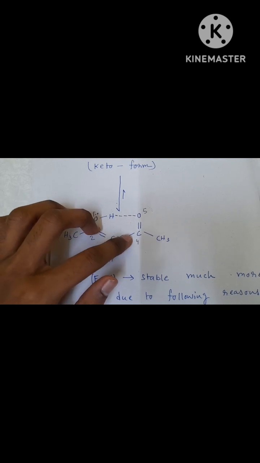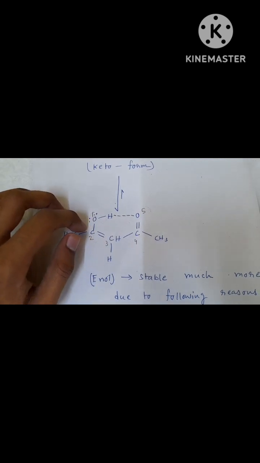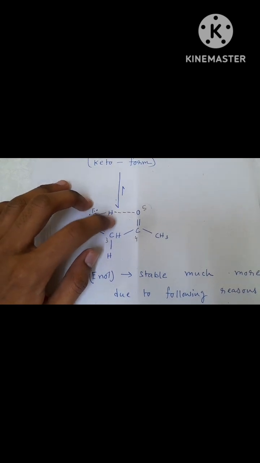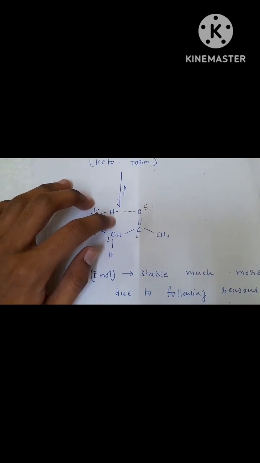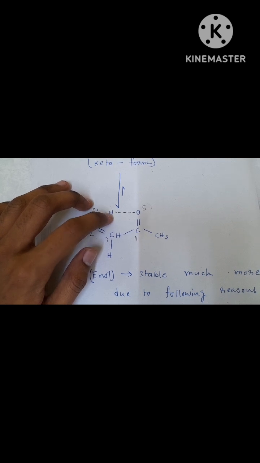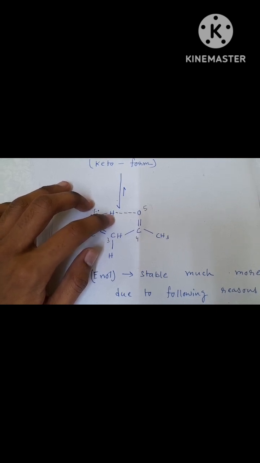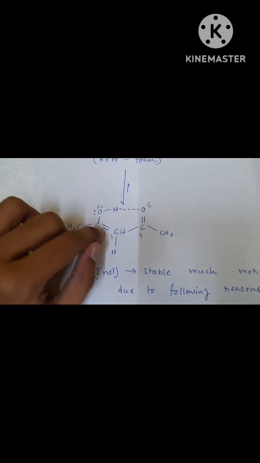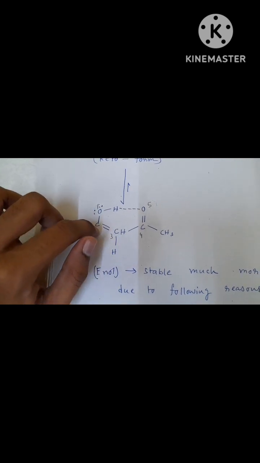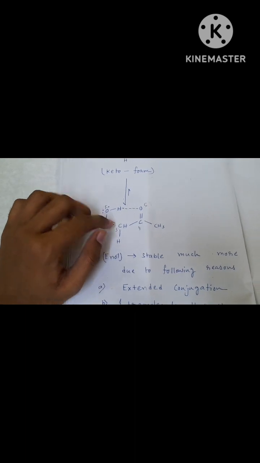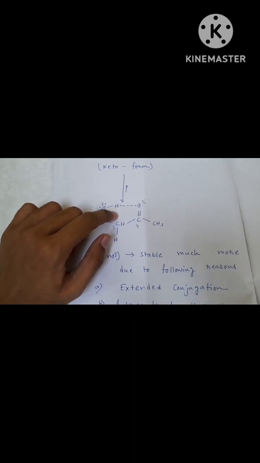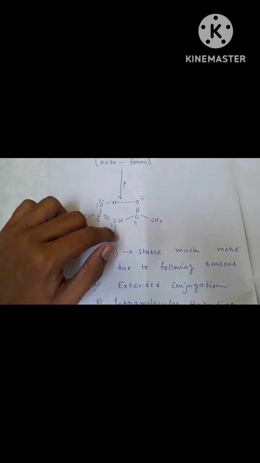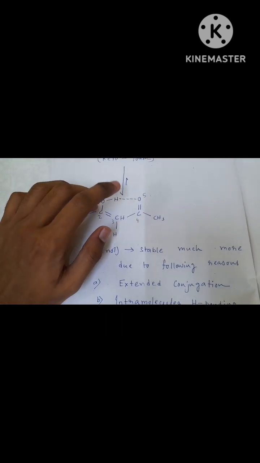So these conditions satisfy an aromatic system, but here this hydrogen atom is not sp2 hybridized, so it can't contain any unhybridized 2p orbital. So except this hydrogen atom, all the atoms satisfy the aromatic conditions, but not this hydrogen one. So it does not fulfill the conditions of aromaticity only because of this hydrogen atom.